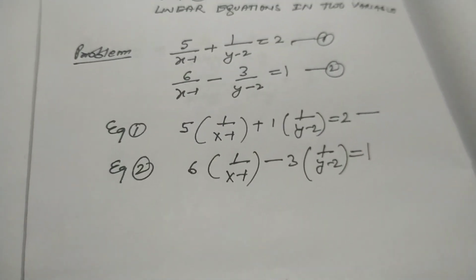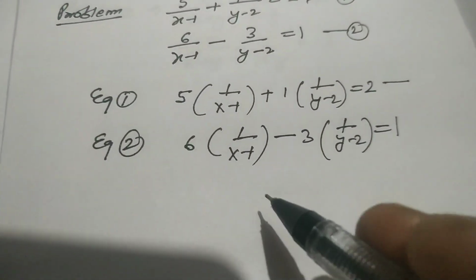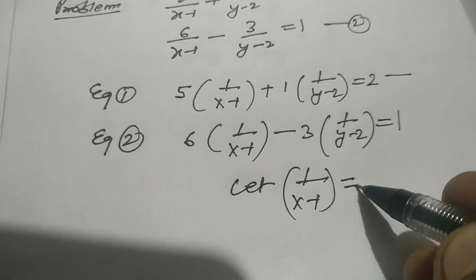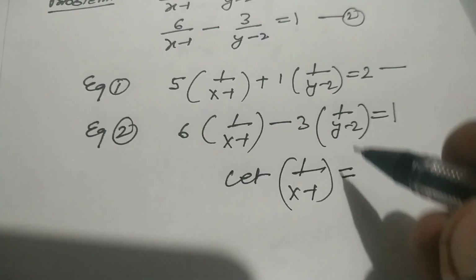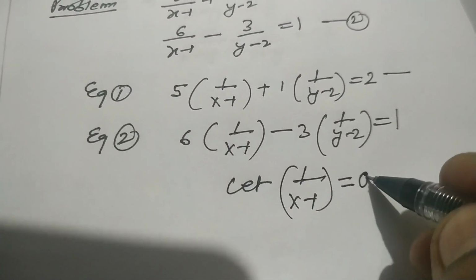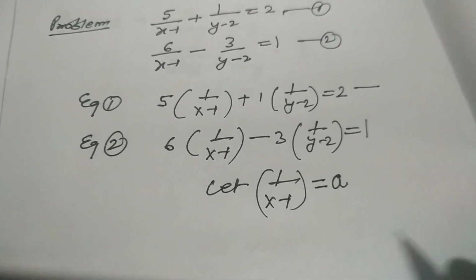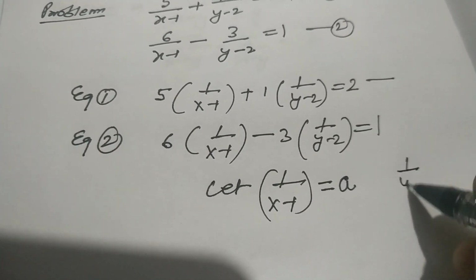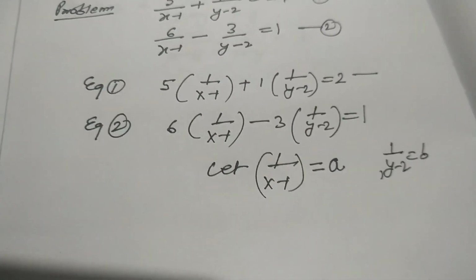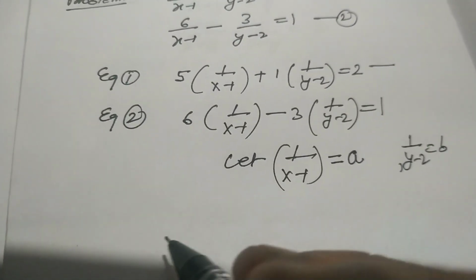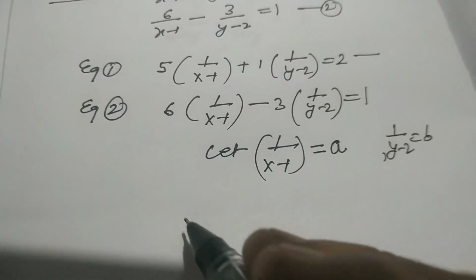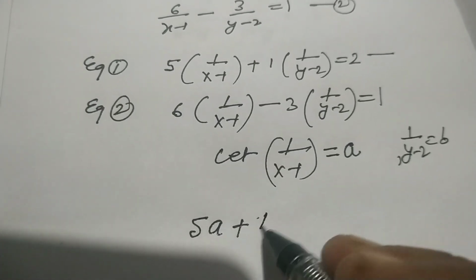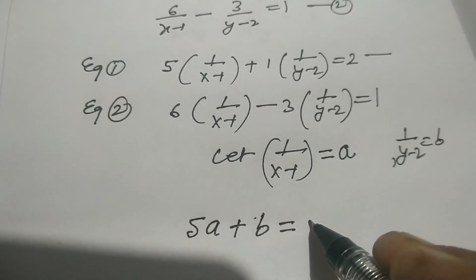Let's assume other variables to solve the problem. Since both equations have the same terms, let 1 upon x minus 1 be a, or any other variable apart from x and y, and 1 upon y minus 2 be b. Now equation 1 becomes 5 into a plus 1 into b, that is b, is equal to 2.